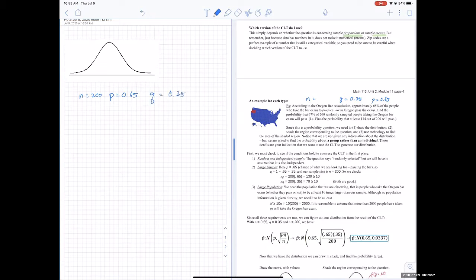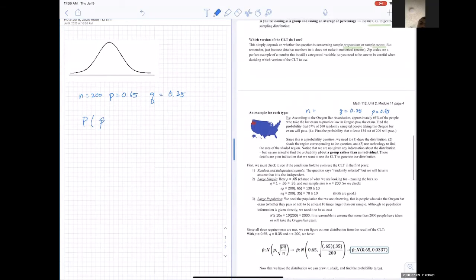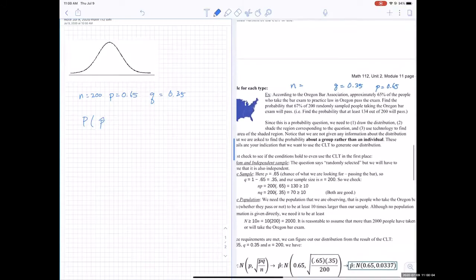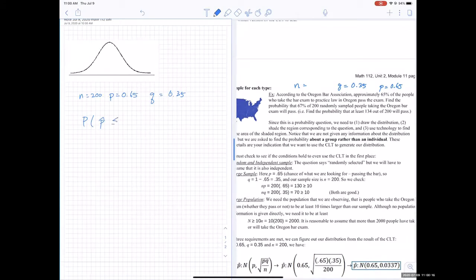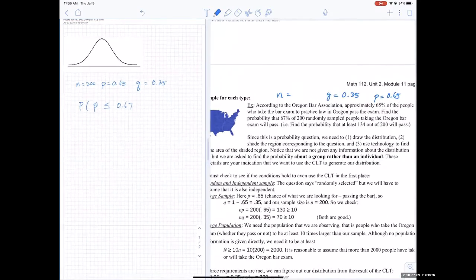And what we want to figure out is the probability that p hat is 0.67. Find the probability that 67% of the random sample taking the Oregon bar exam will pass. So what is the probability of 0.67? Okay, so far so good. Let's go back up here.